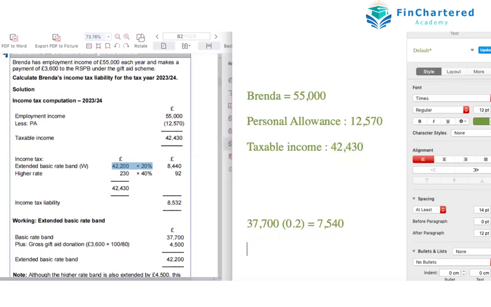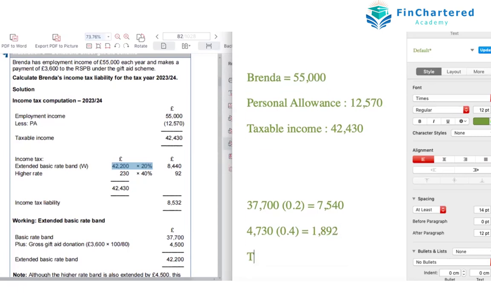Normally 4,730 would be taxed at 40%. And normally you would pay how much? 1,892. So normally your tax liability would be 7,540 plus 1,892, which is 9,432. That would be your normal tax liability.